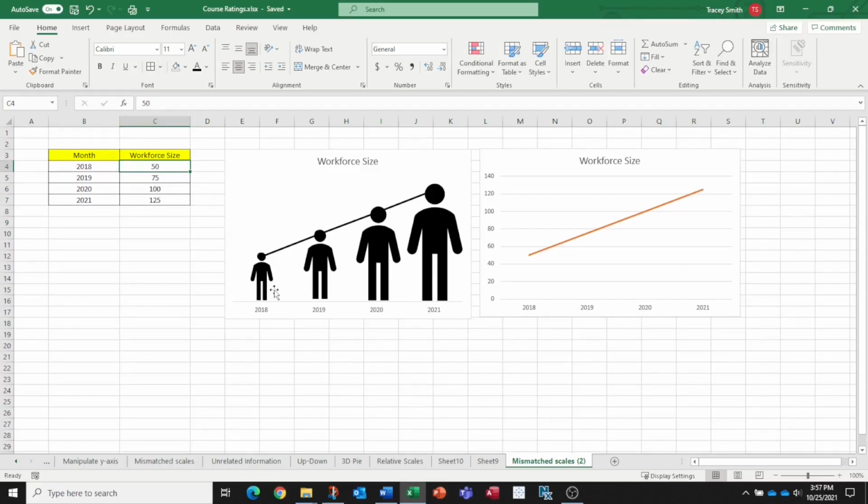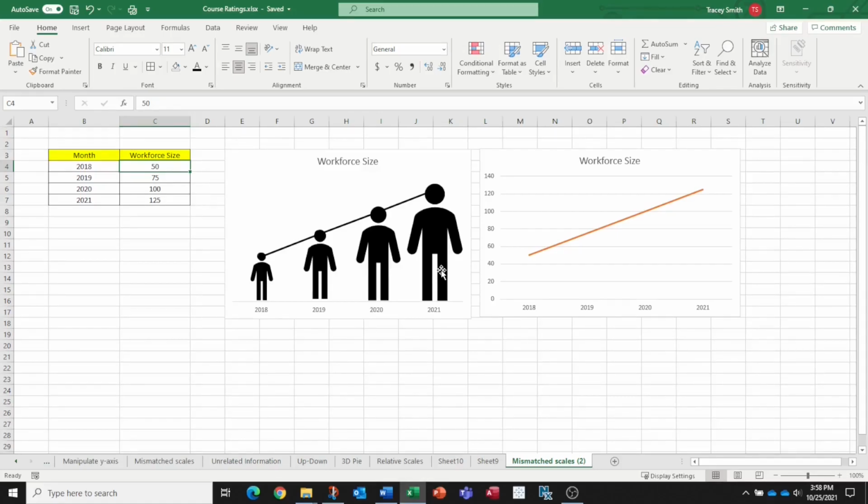They say, okay, we're talking about the workforce, so let's include the icon of a person. And what they do is they scale the size of that person to match where the point lands on the line. So in this particular case, we're lining the head of the person with the actual dot where we would have a data point on that line.